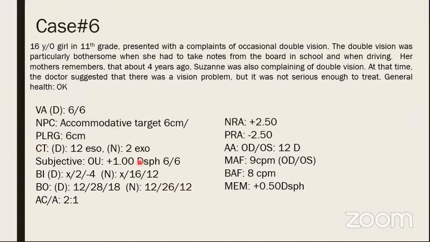And because the patient has eso, let's see the negative fusional vergences finding. Negative fusional vergences are poor, very poor at distance. So this gives us the idea that the patient is a case of divergence insufficiency.